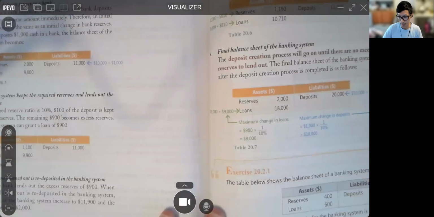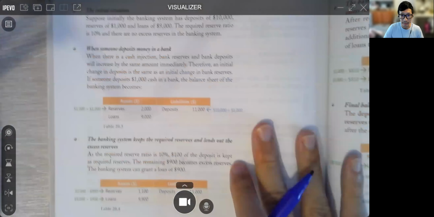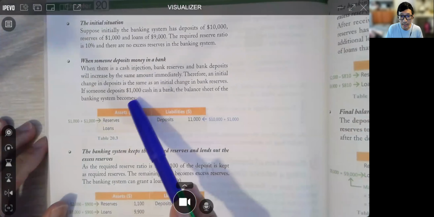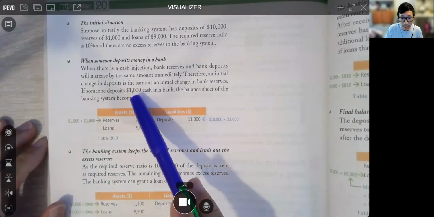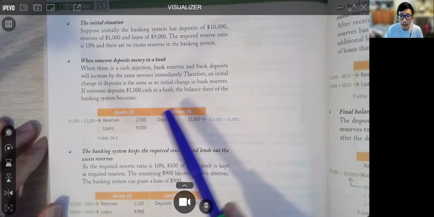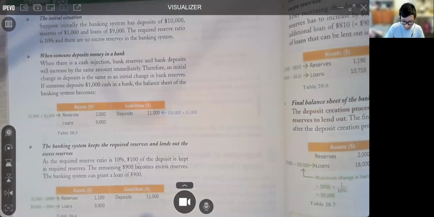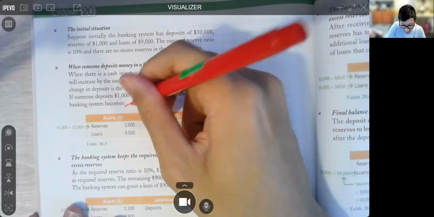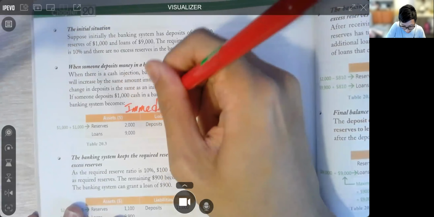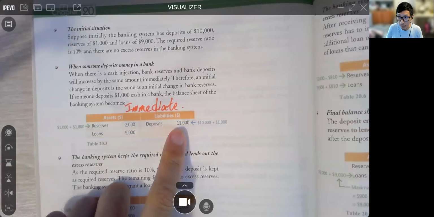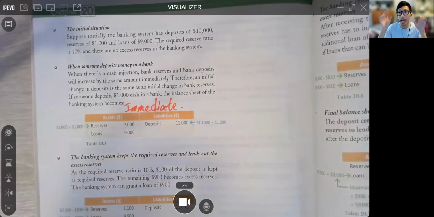Now, let's look at what happens next. What happens next is that someone, let's say, deposits 1,000 cash into the bank. So what happens immediately? 嗱，呢個係即時嚇，唔該你寫低佢啊。This is the immediate effect. 即時會發生嘅事就係咁啦。Reserve and deposit, because someone put money, actual money into the bank.